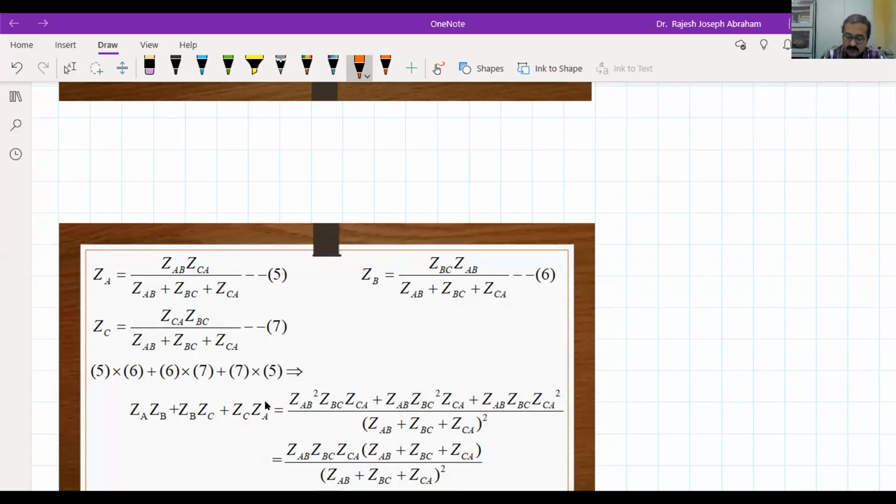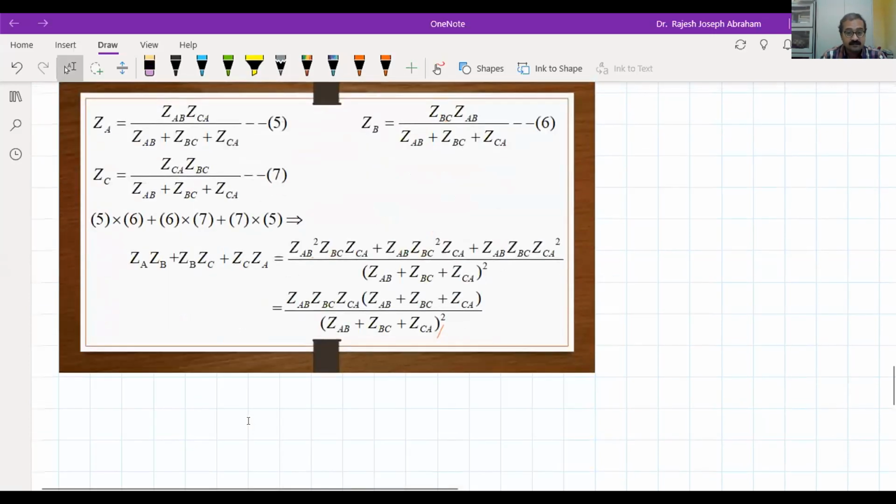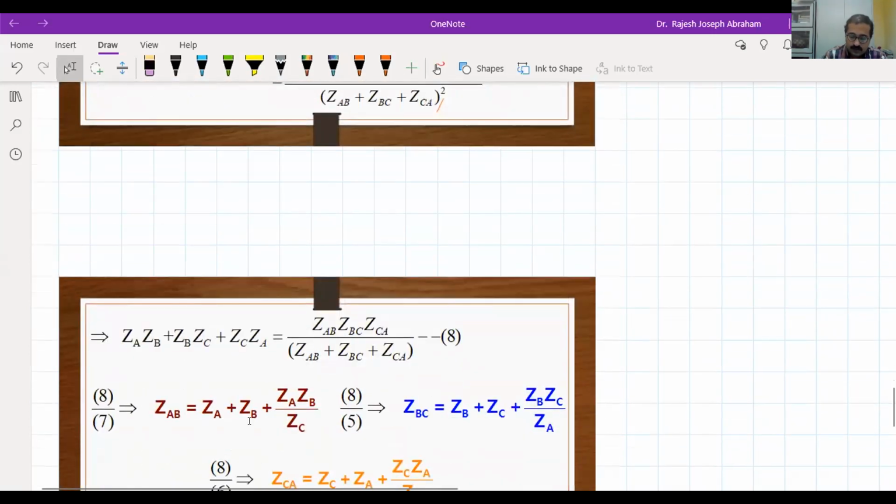From here I can take ZAB, ZBC, and ZCA out common. Then one term in the numerator and one term in the denominator get cancelled, leading to the equation ZA ZB plus ZB ZC plus ZC ZA, and so on. This is equation 8.